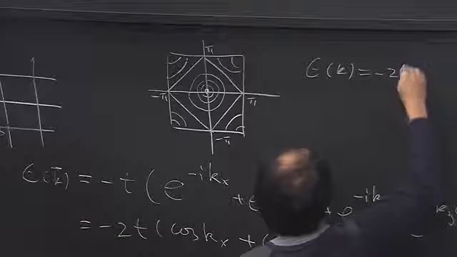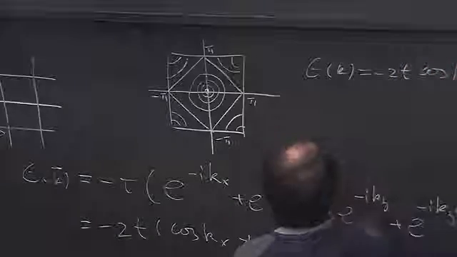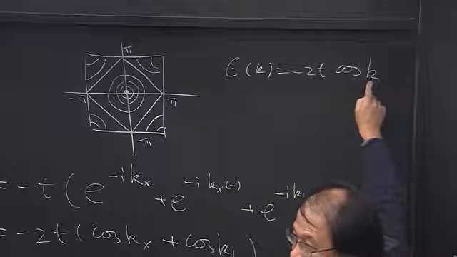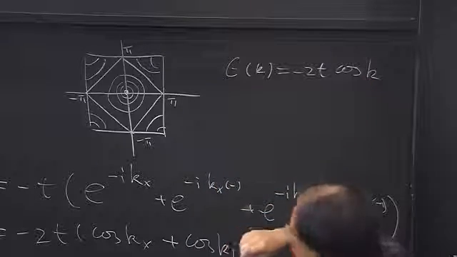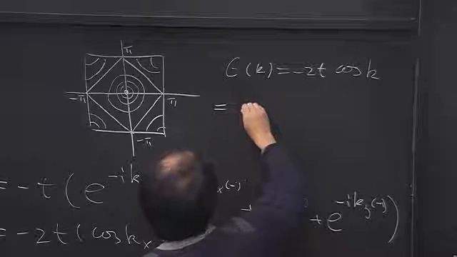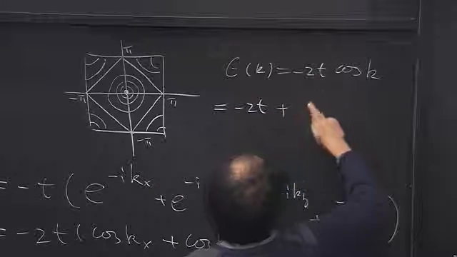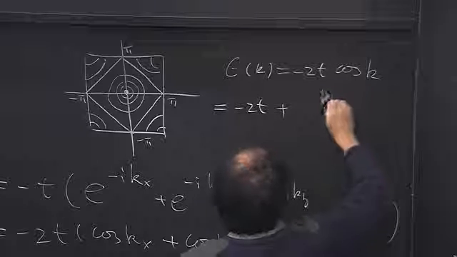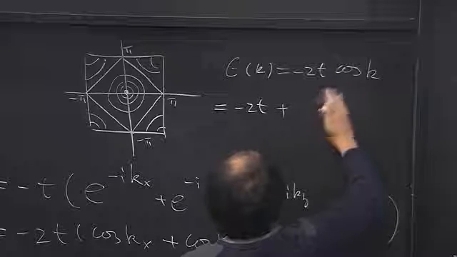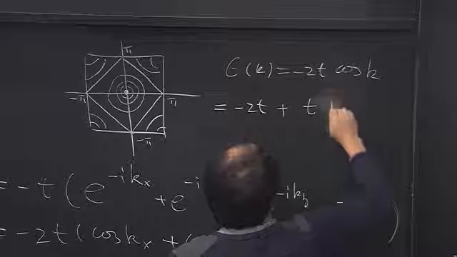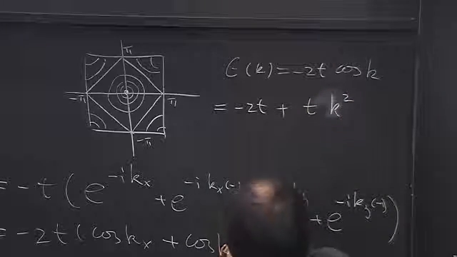That's minus 2t cosine k. The lowest energy means k equal to 0 is the lowest. If I expand near k equal to 0, what we get is minus 2t, some constant term, plus t times k squared. Yeah, that's what we get.